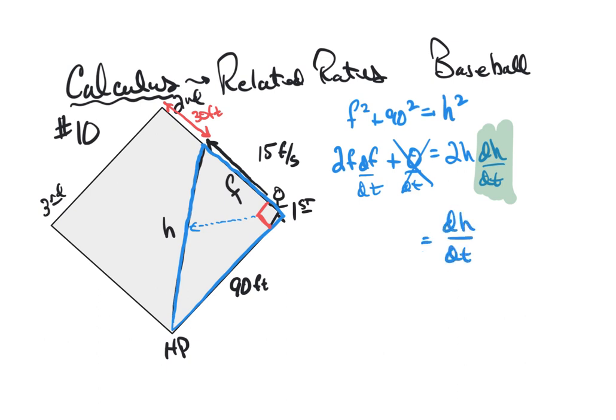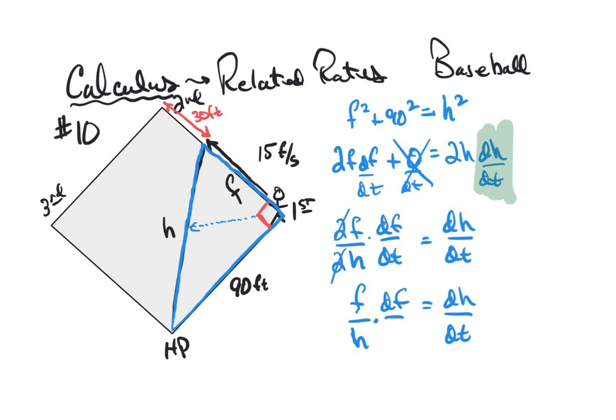To get rid of what's attached, the 2 and the h, we just simply have to divide both sides by a 2 and an h. I'm going to take an extra step and just cancel out the 2's. So our rate formula then is going to be dh/dt equals f over h times df/dt. Right? And there is our rate formula.